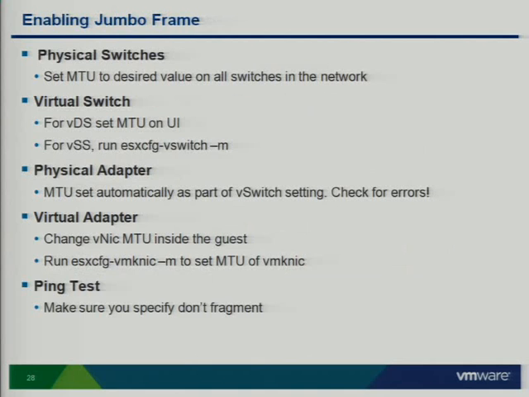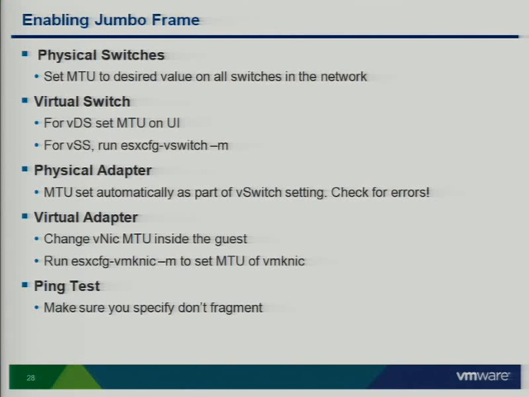Jumbo frame. Right now, in order to set up jumbo frame, you have to make sure that the MTU setting is set end to end, not just on the physical switch, not just on the virtual NIC. There are multiple places you have to set it. For the VDS, you set the MTU on the vSphere UI.